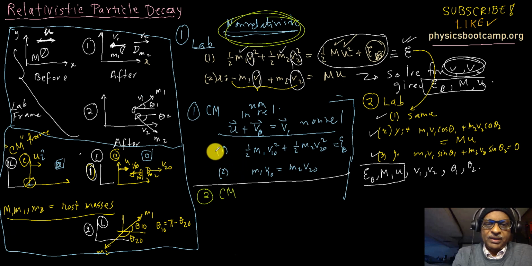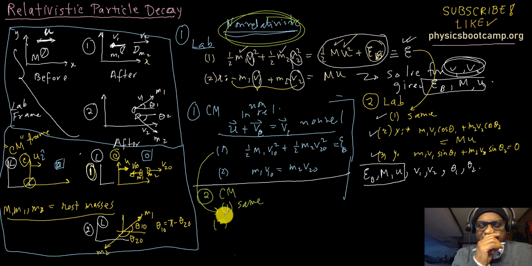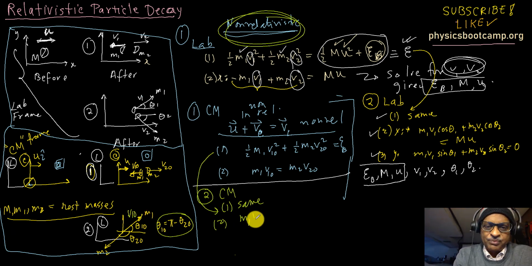Okay. So the energy equation again is the same, but something interesting happens. If we look at momentum, it is 0 here. So momentum x and momentum y in here, momentum x and momentum y. If I look at momentum x and momentum y, then I can actually get this equation. So momentum x would be m1 v10 cosine theta 10. This angle is not the same as that angle.